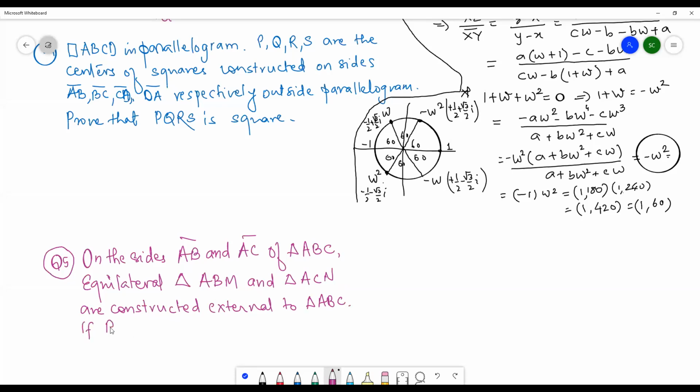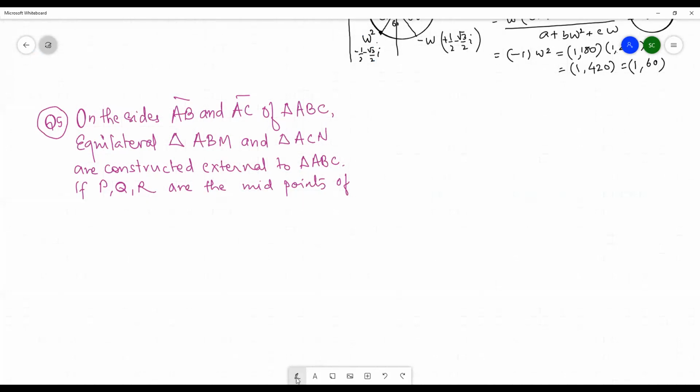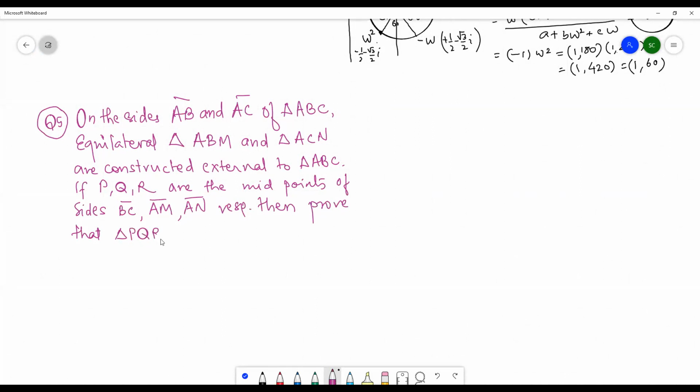If P, Q, R are the midpoints of sides BC, AM, AN respectively, then prove that triangle PQR is equilateral. I give you 5 minutes.